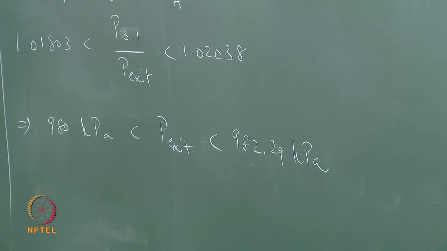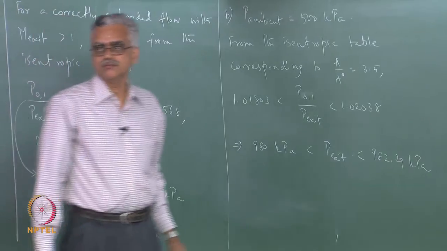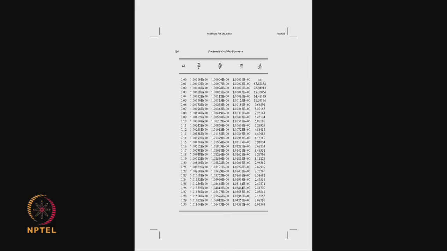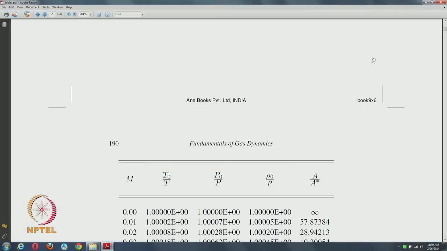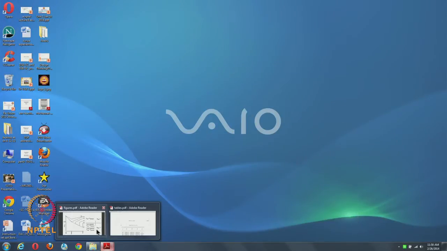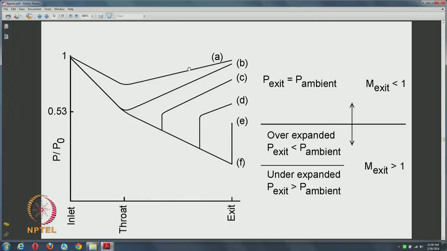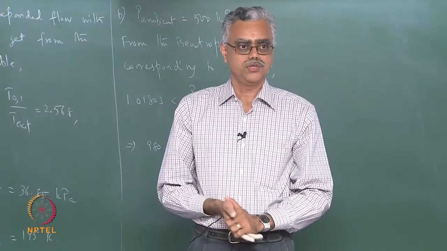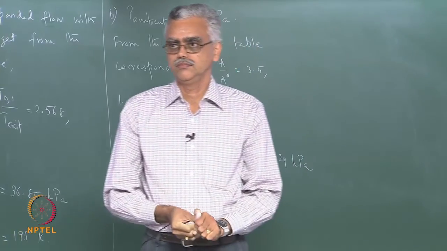So, the given value is 500 kilopascal, correct. If you revert back to the other figure, you can see that the pressure corresponding to B is now about 982 kilopascal, and this was about 36 kilopascal corresponding to F. The given value of 500 kilopascal lies between B and F. So, that means there is a normal shock somewhere in the divergent portion of the nozzle, okay.